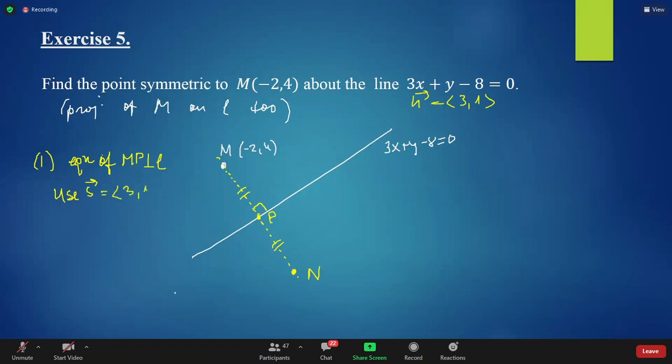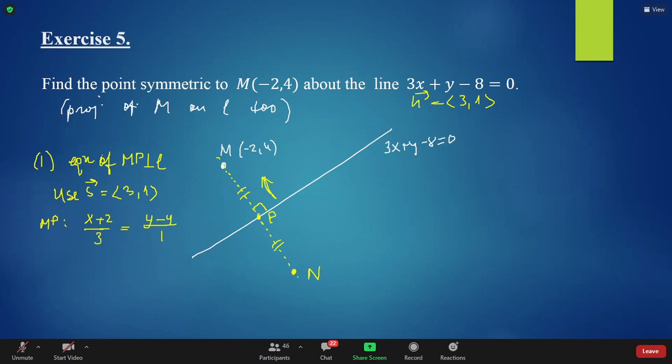Because the normal vector for the given line is the direction for the new line that we want. And so the equation of the line MP would be x minus -2 and y minus 4 divided by the coordinates of the direction vector, 3, 1. We can even simplify this equation.